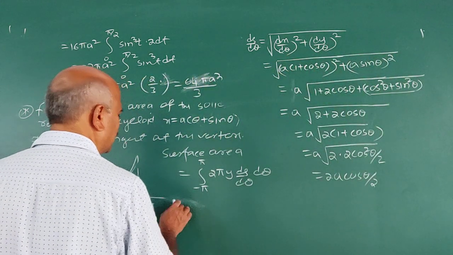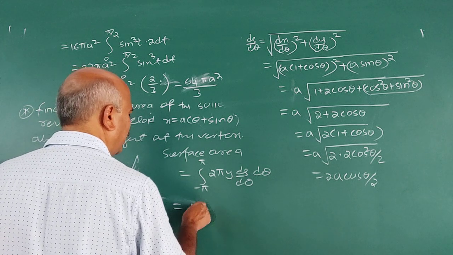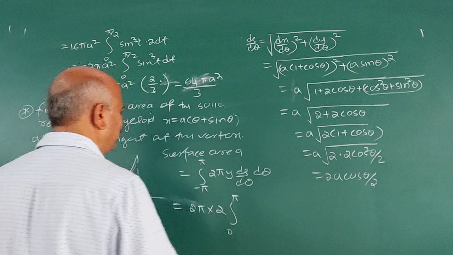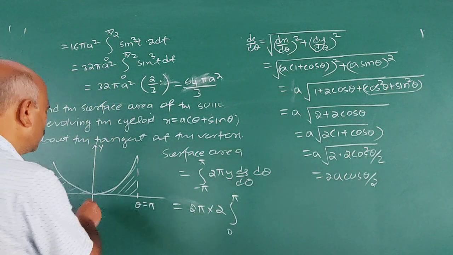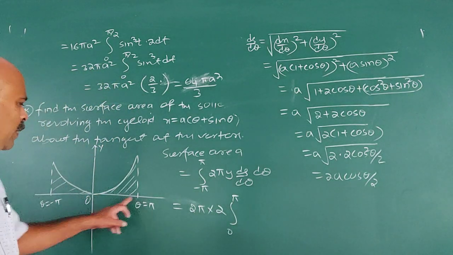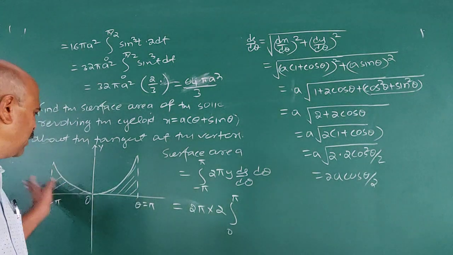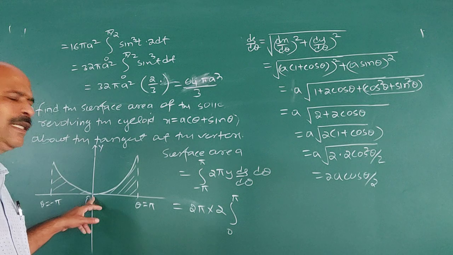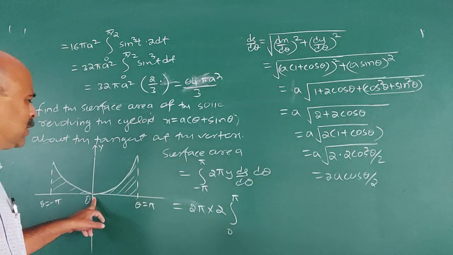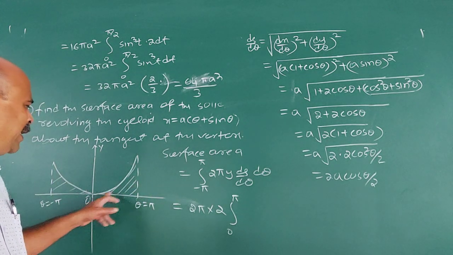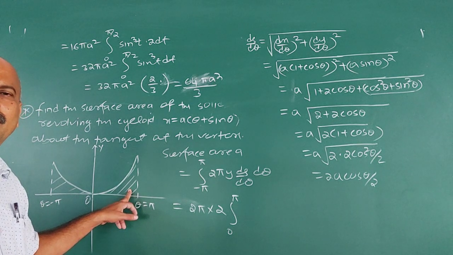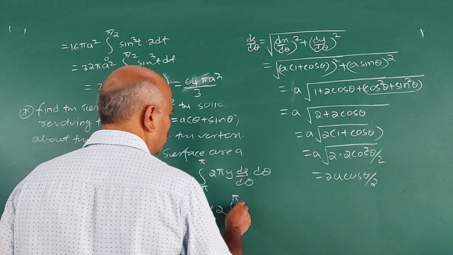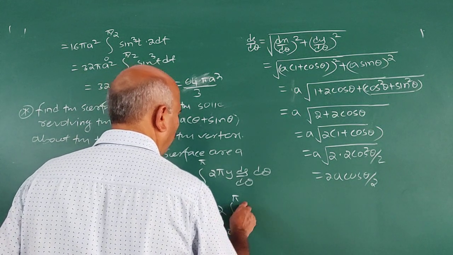Therefore, the surface area is 2 pi into 2 into the integral from 0 to pi. Write minus pi to pi as 2 into 0 to pi, because the branch of the curve is symmetric about the line theta is 0. So instead of this complete area, we can take the area under the curve in the first quadrant also. 2 pi, 2 into 0 to pi, y, what is y?